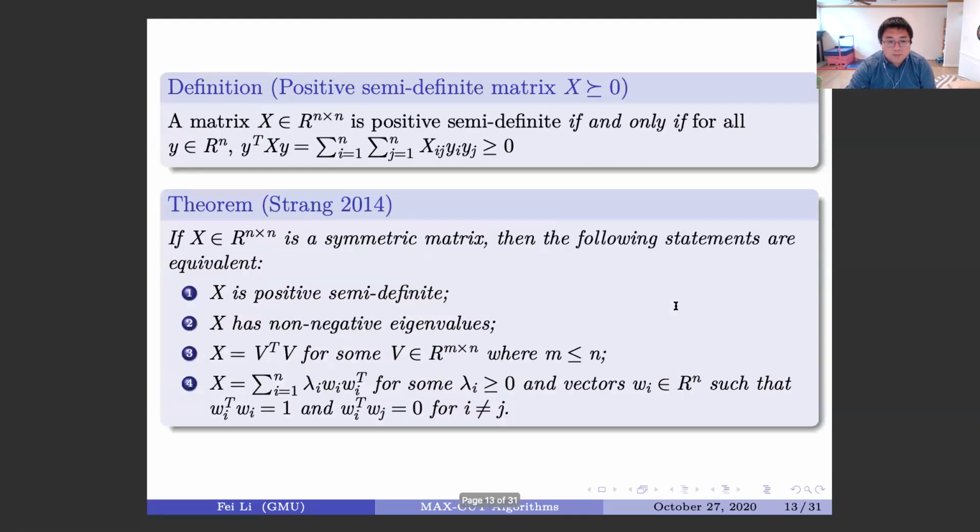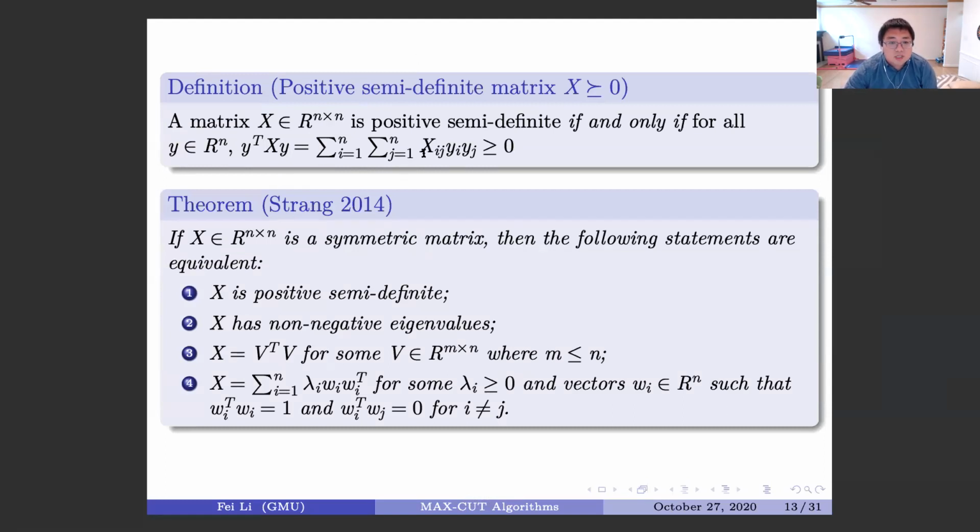So here we get back to the definitions. Look here. For all vectors y, y transpose times X times y is non-negative. This is the semi-definite matrix definition.